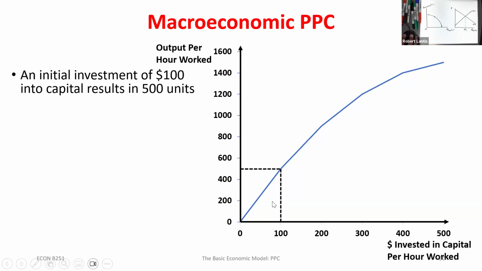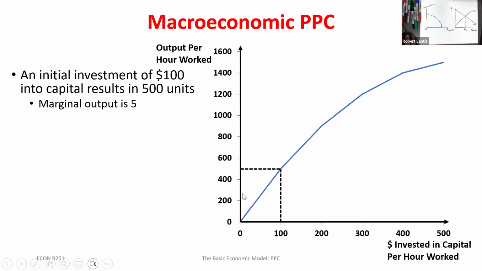So for every dollar I invest, I'm getting some additional output. Well, if I invest $100, I get 500 additional units. How much was each dollar getting me? Well, I would divide these both by 100 and I'd say, oh, the marginal output is 5 here. What then would represent the marginal output?